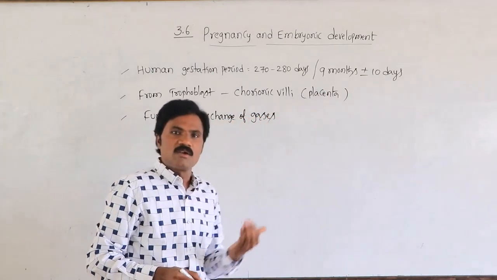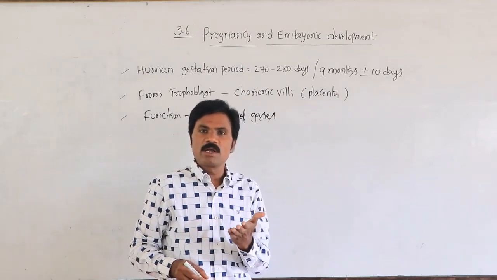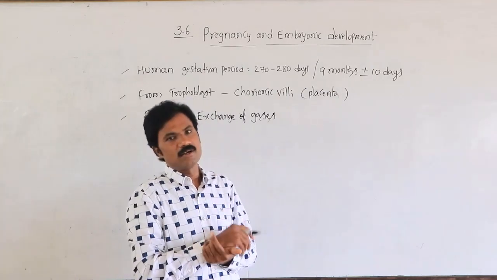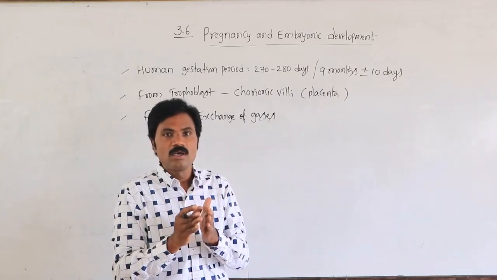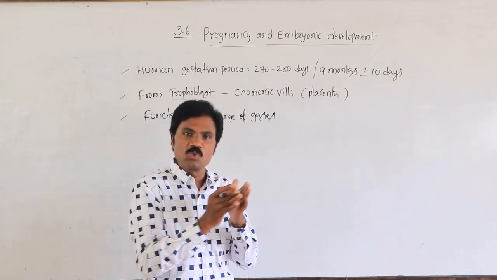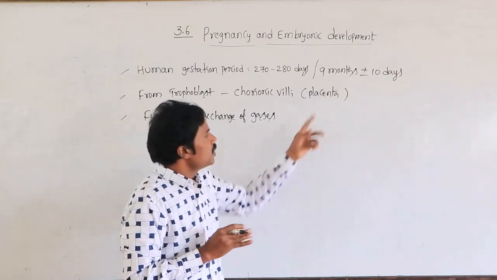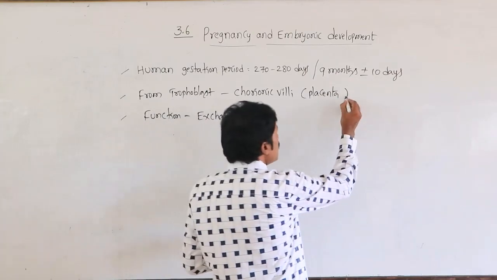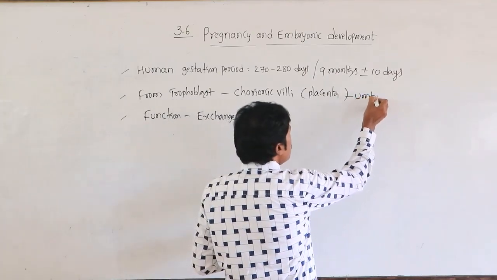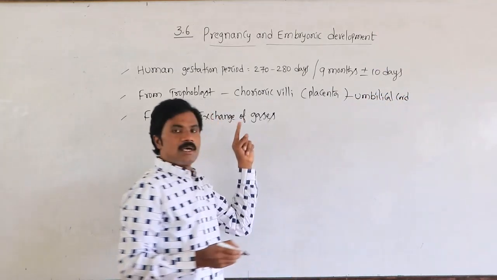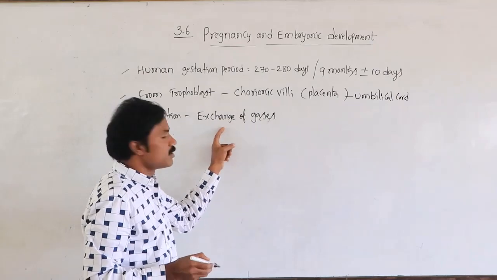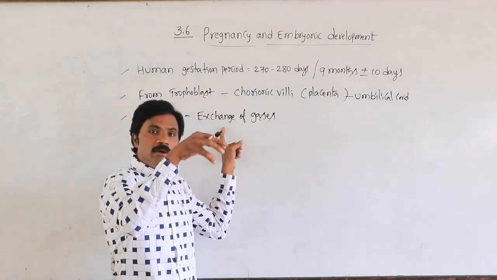Both oxygen from mother to fetus and carbon dioxide from fetus to mother, with the help of the umbilical cord. It is the tough cord which connects the fetus to the womb of the mother, with the placenta connected by the umbilical cord.